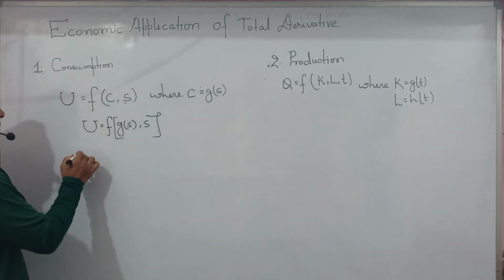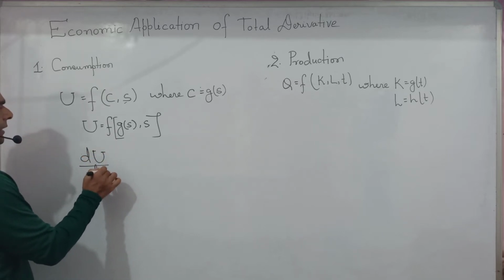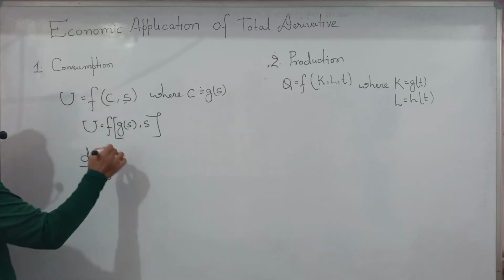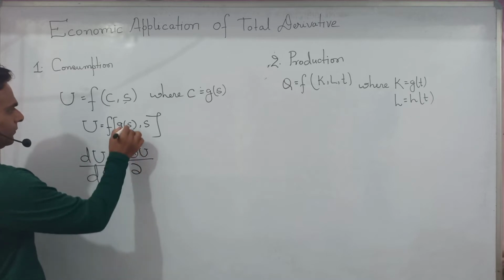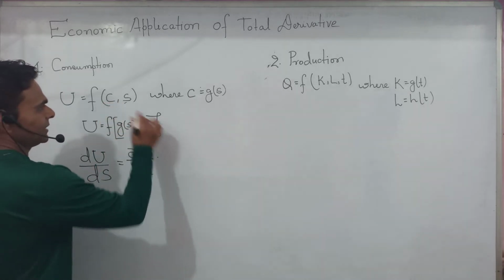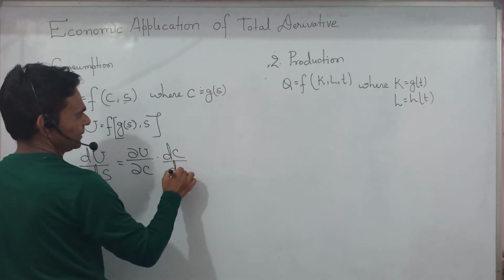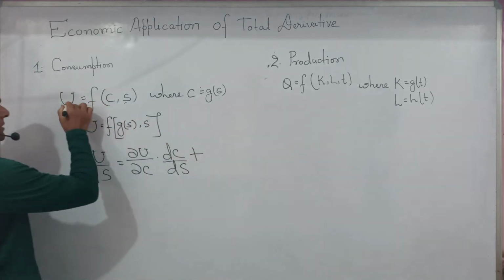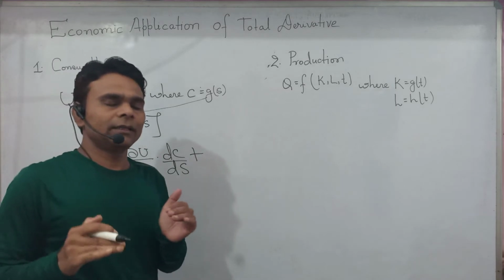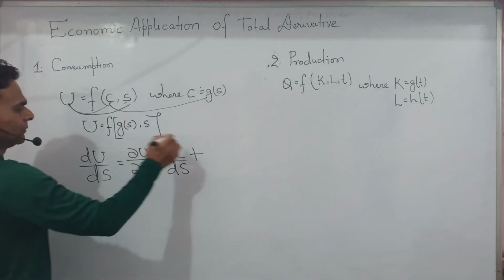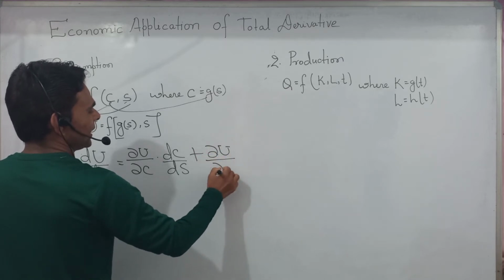Okay, the total derivative of utility function u with respect to s. First, take the partial derivative of u with respect to the first function c, and c is a function of s, so the simple derivative dc by ds, plus, since u also directly depends upon the amount of sugar consumed, we take the partial derivative of u with respect to s.